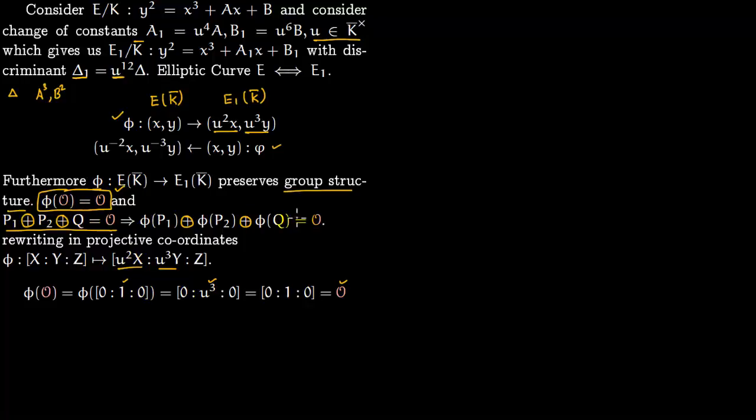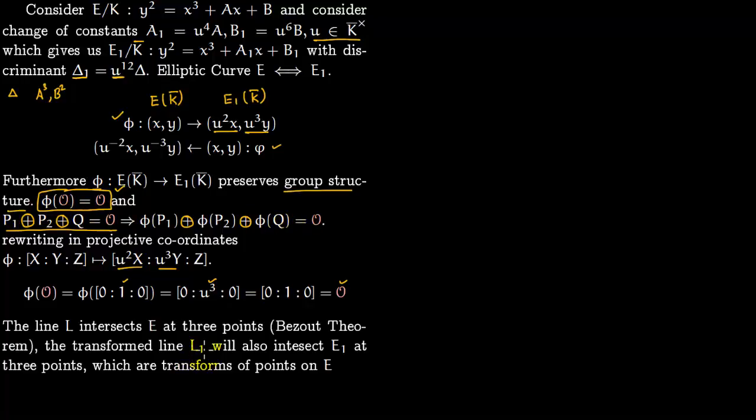Now you have to show collinearity. On our original curve E, this line L intersects E at 3 points, and that is always true because of Bezout's theorem. Now this line L is transformed to the line L1 because of a change of coordinates. So this is ax + by + cz.